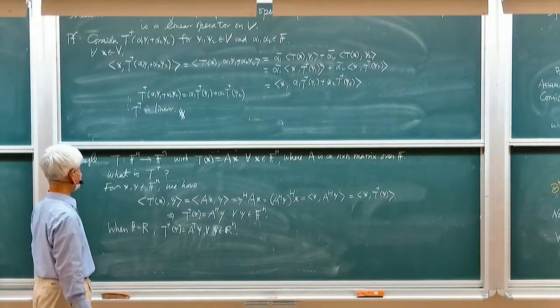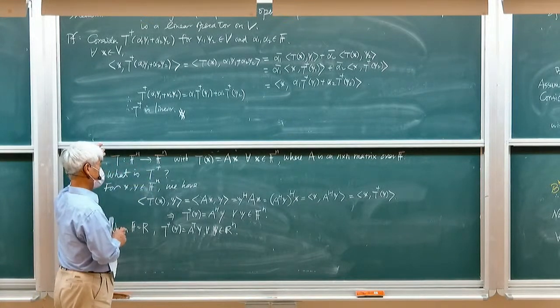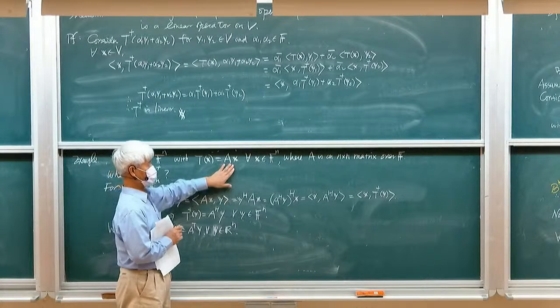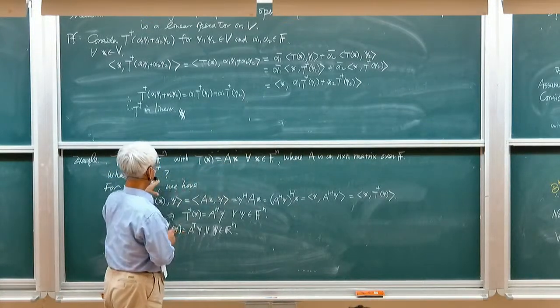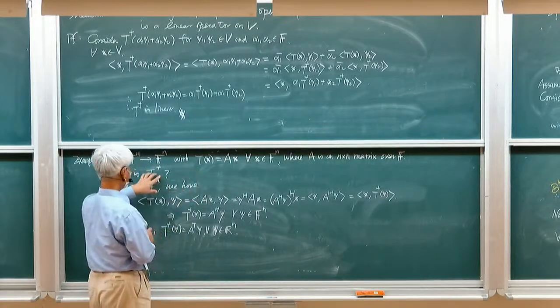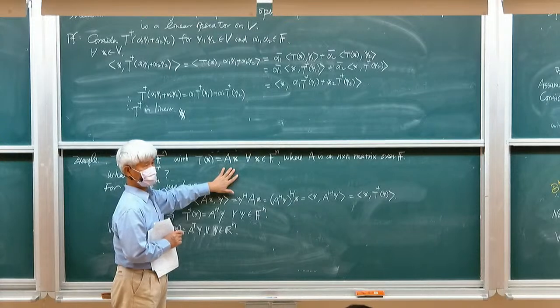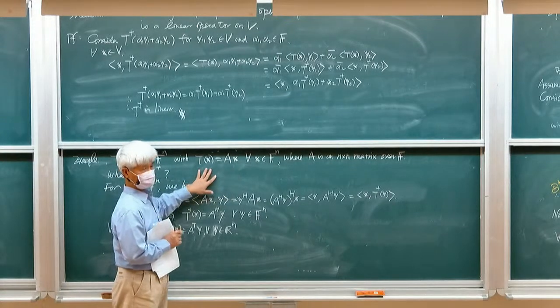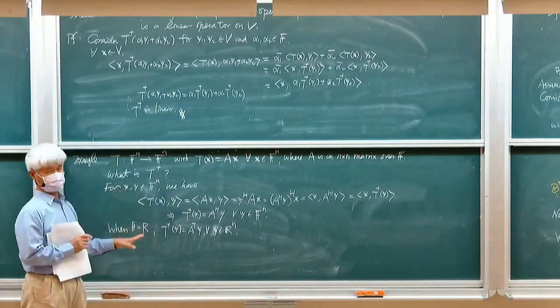So we answer the question: if A is the matrix associated with the linear operator T, then the matrix associated with T dagger is just the Hermitian of A, the conjugate transpose of A in the complex case. In the real case, just the transpose of A only.